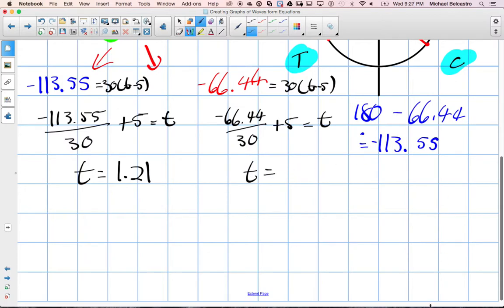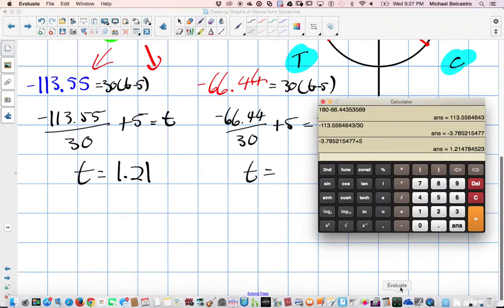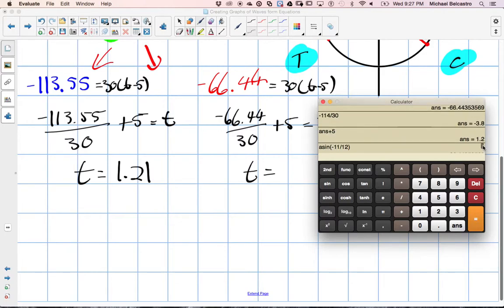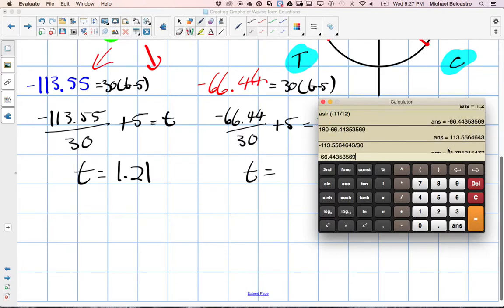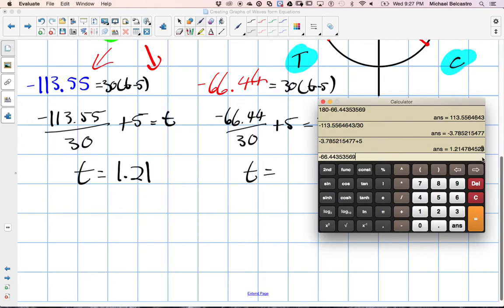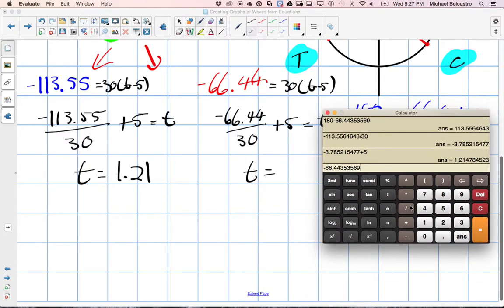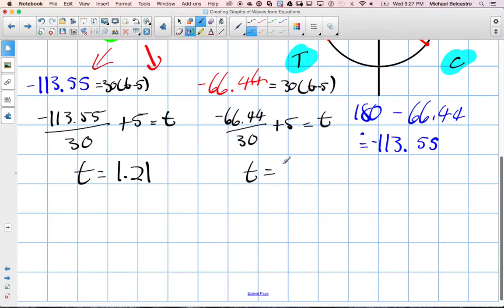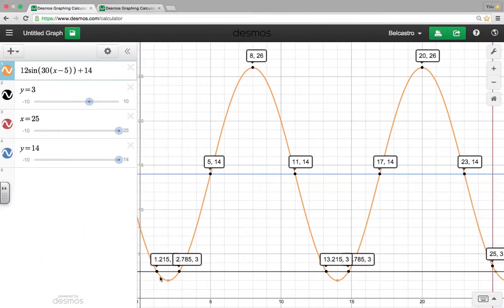And on the other one, we're going to take our negative 66.44, divide it by 30, and then take that value and again add 5. And here we're going to get 2.78. So our times are 2.78 and 1.21. If we go over and take a look, 1.21 and 2.78 are our two values.